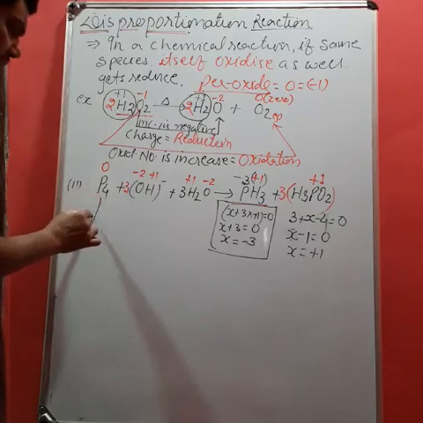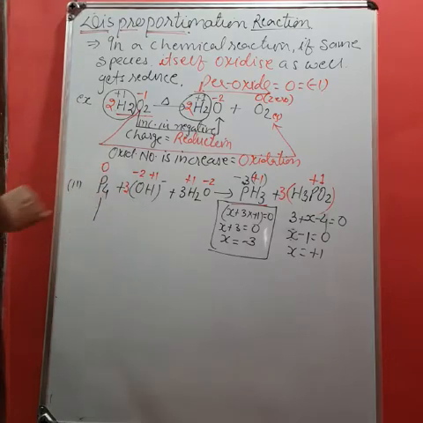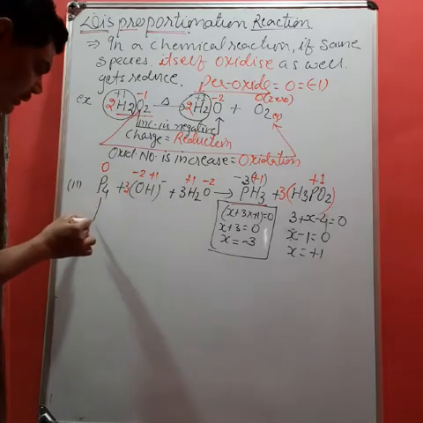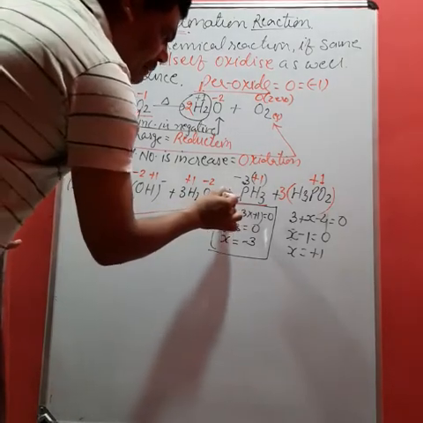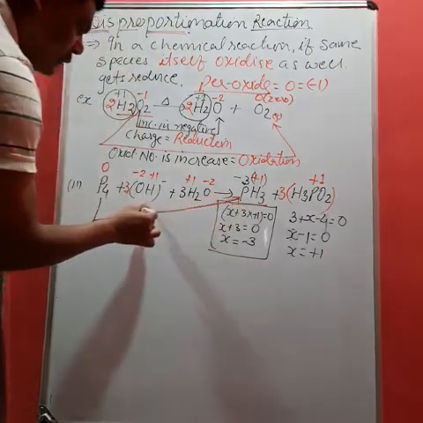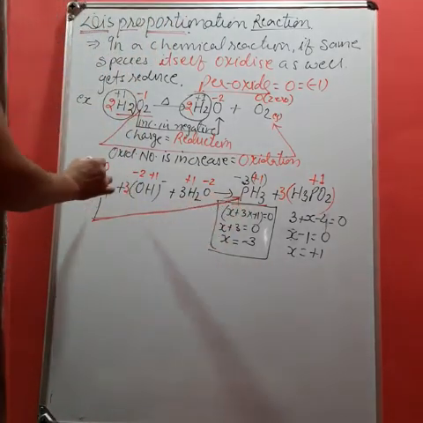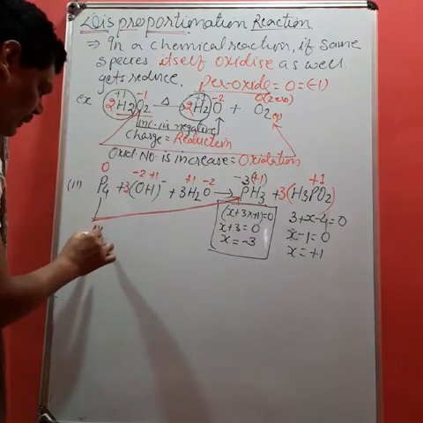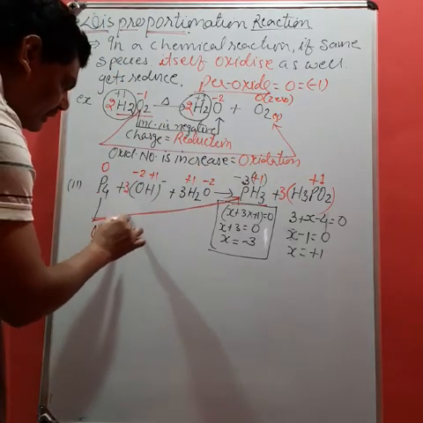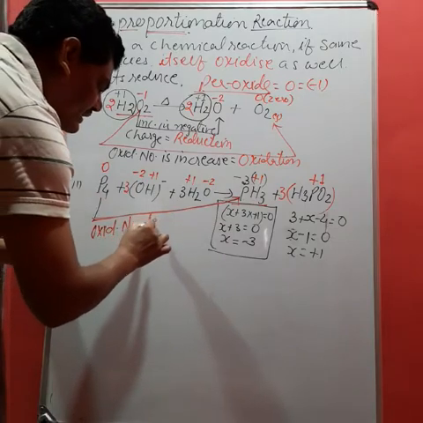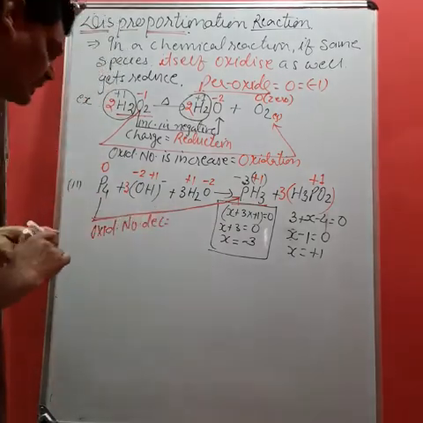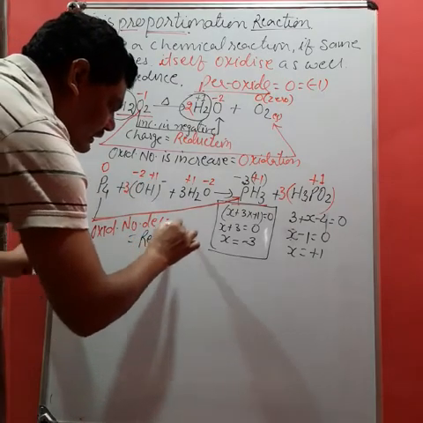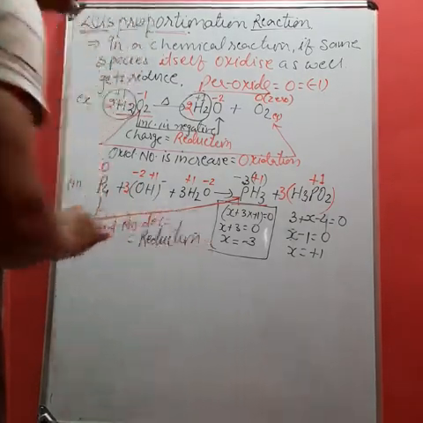Earlier on the reactant side, phosphorus is in 0 oxidation state, which is getting converted into one of the compounds, PH3. So 0 is converted into -3. That is, the oxidation number decreases, and a decrease in oxidation number is known as reduction. So here reduction takes place.